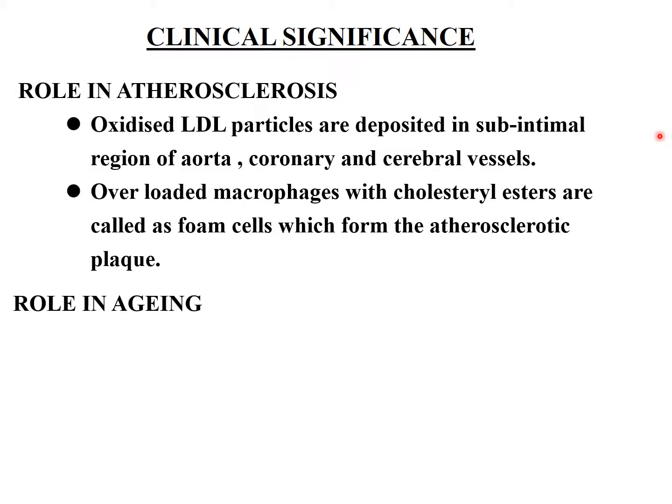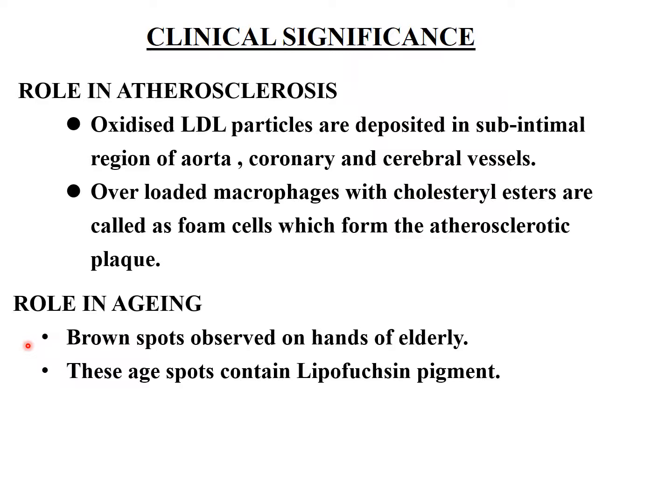These changes are now well studied to establish that a lot of the contribution is from free radicals. Now, what happens in aging? You've noticed that elderly people have brown spots on their skin. Let's take that one simple example. These brown spots are basically lipofuscin pigments.